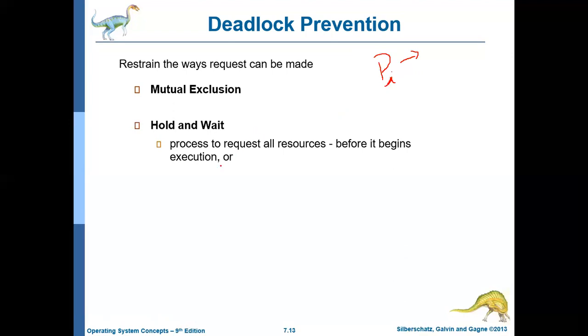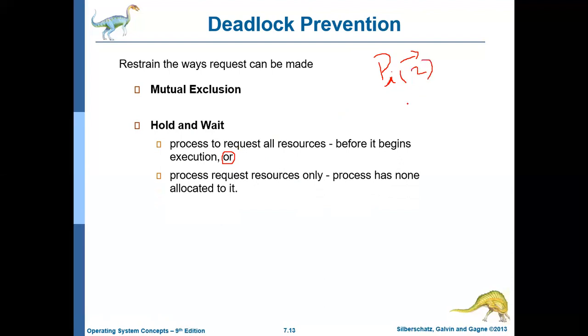Or if the process is not doing that, say the process Pi is already holding some 2 resources, but after some time, say x milliseconds, it asks for another 3 resources.